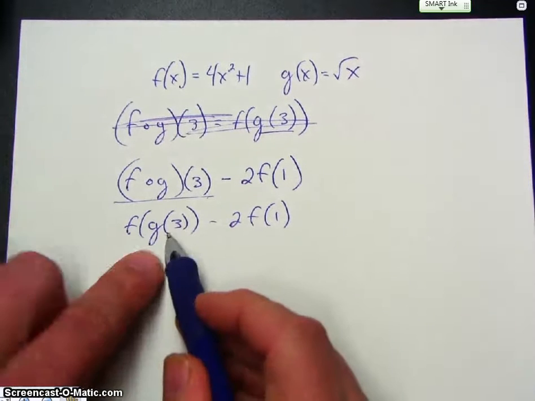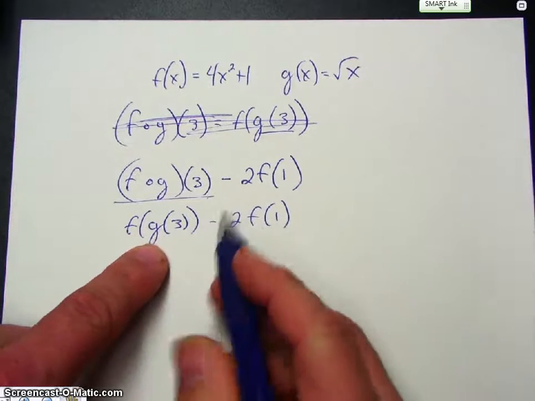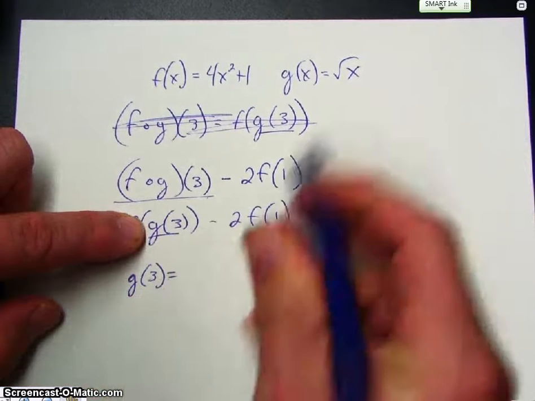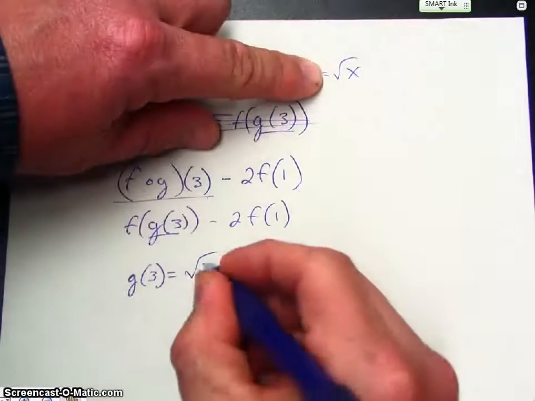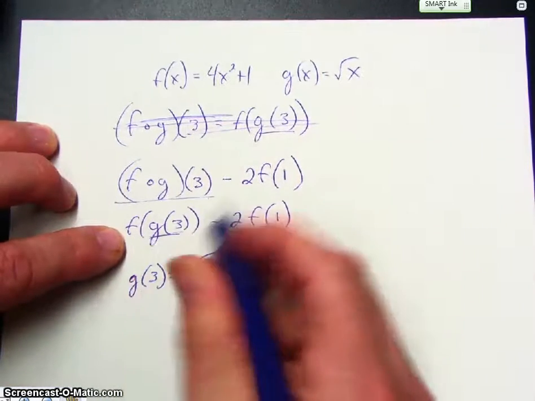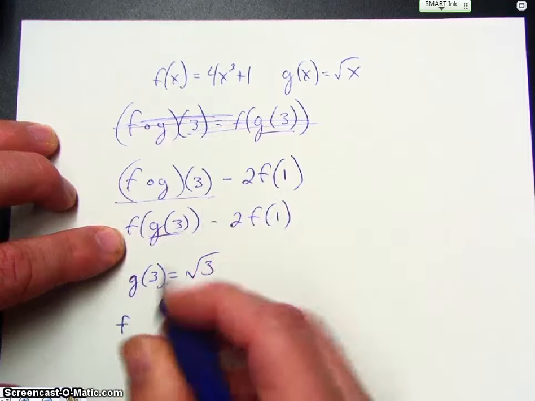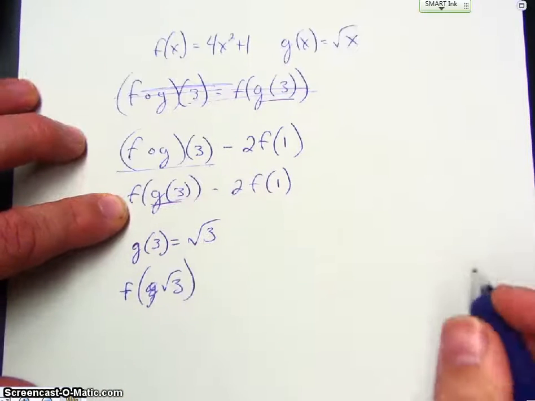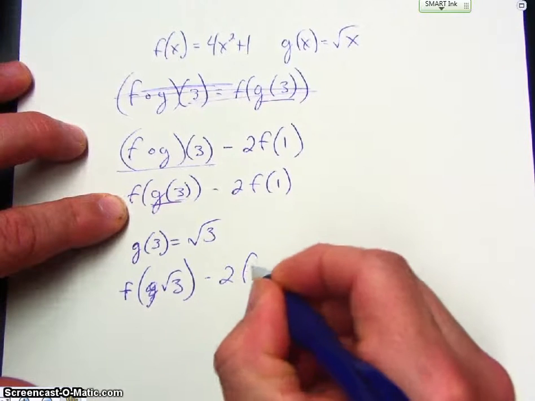So this says f of g of 3 minus 2f of 1. That means I have to do a composition of functions over here. So I'm going to do g of 3. g of 3 is square root of 3. Well, that's nice. So I replace g of 3 with f of square root of 3 minus 2f of 1.